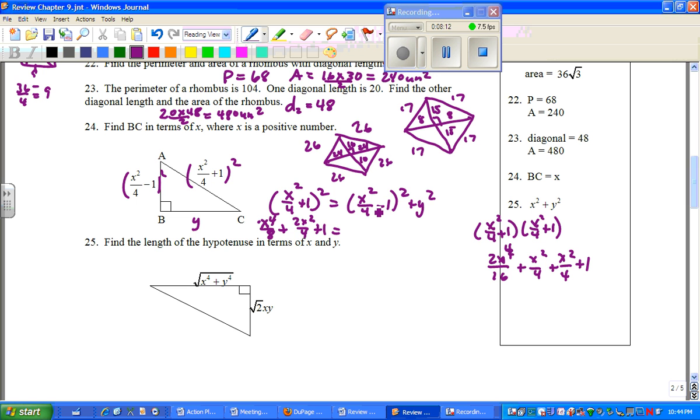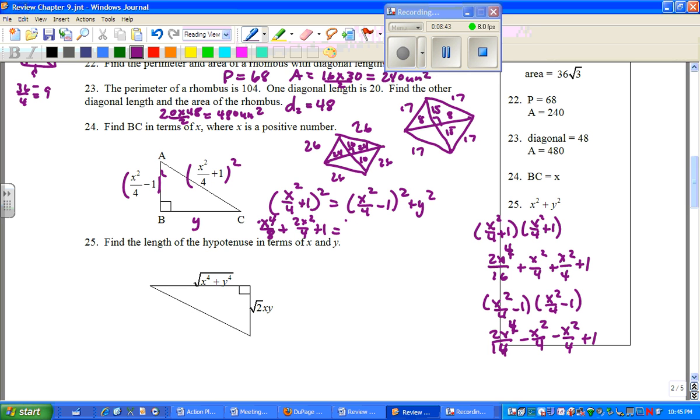And this side's going to equal, when I FOIL this one, x squared over 4 minus 1 times x squared over 4 minus 1. You're going to get 2x to the 4th over 16, and then you're going to be minusing an x squared over 4, and then minusing another x squared over 4, and then we're going to be adding 1.